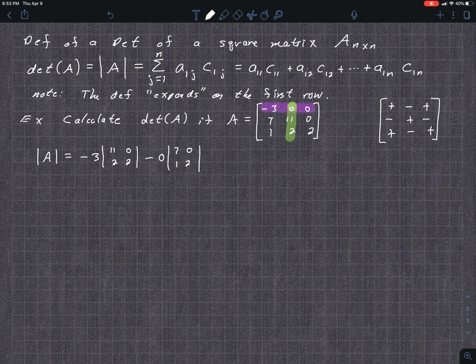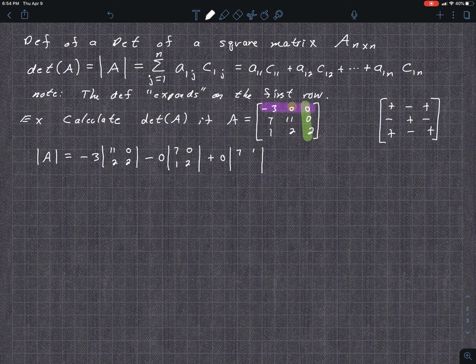Then next you have a plus, and if you check the cofactors, the C's, that's the sign. So C_1j, if you do that, you'll get the correct sign, of course, and the minors and all that. So it's a plus 1, and then times 0, and again, times the determinant.